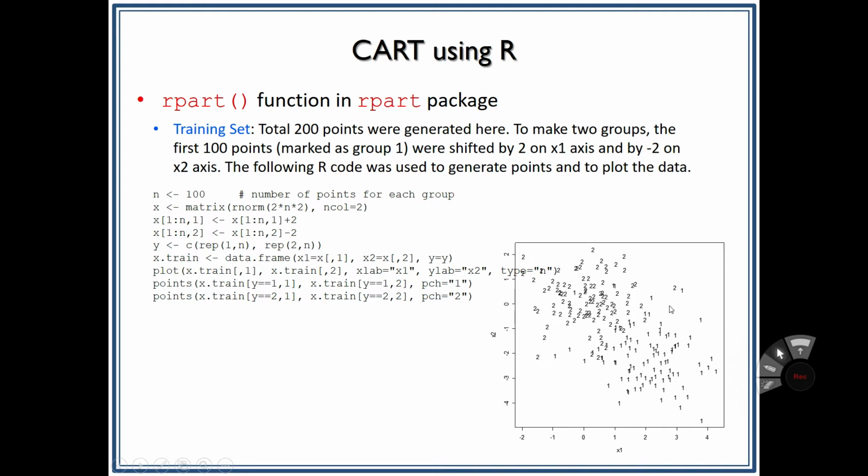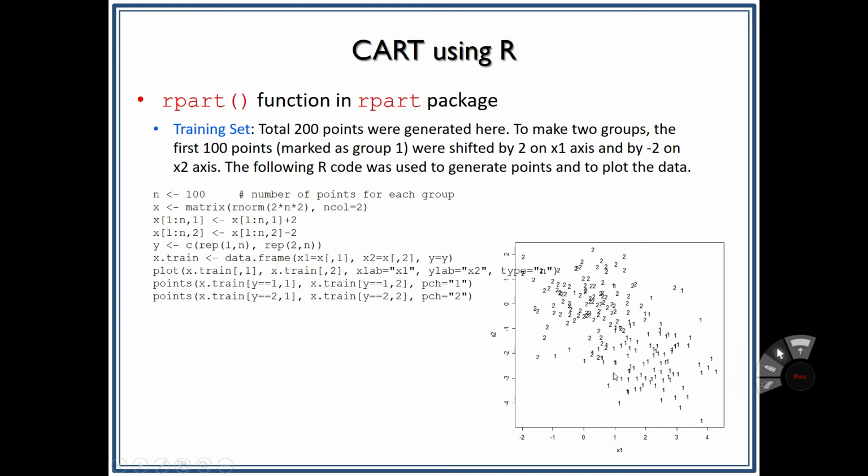So we make class 1 with its center around here, and the remaining 100 points will be marked as class 2. There's a little overlap between these two classes, and this R code is to generate this training set.